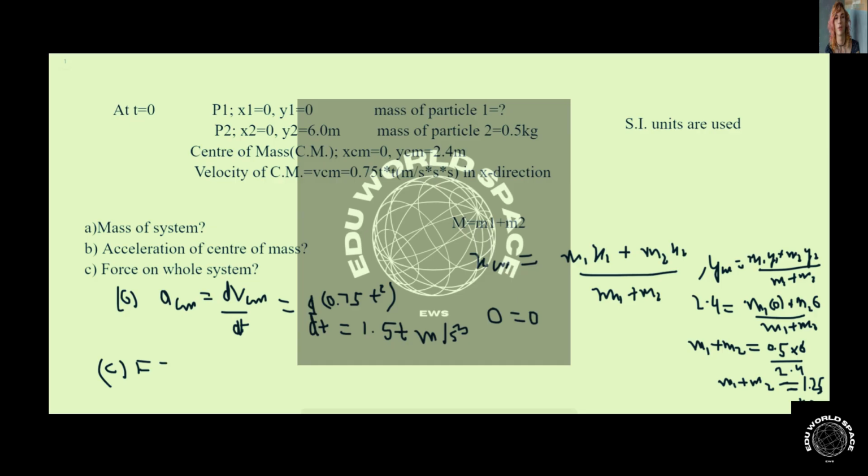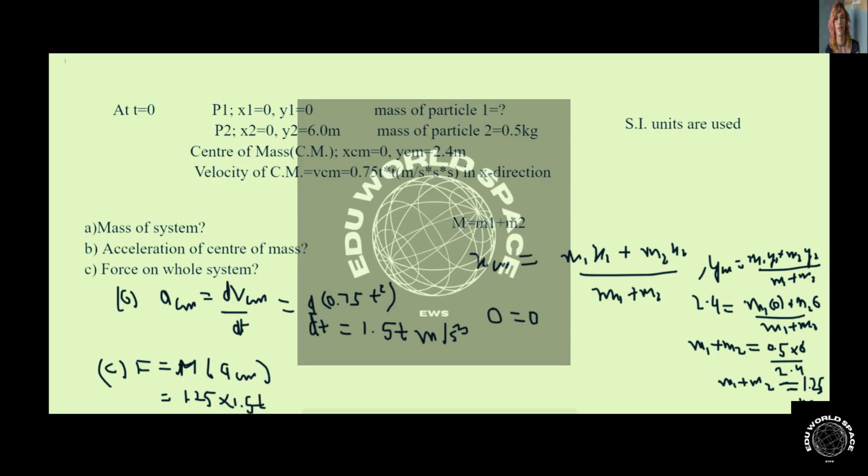Now we need to find the force on the whole system. The force on the whole system equals the mass of the whole system, which is m1 plus m2, multiplied by the acceleration, which we have already found. So this equals 1.25 multiplied by 1.5 t.